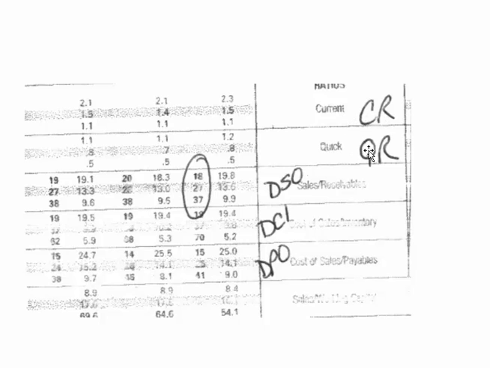Quick is QR for quick ratio. DSO is the sales divided by receivables. DCI is days carry inventory. DPO is the cost of sales divided by payables, or the days payables outstanding.